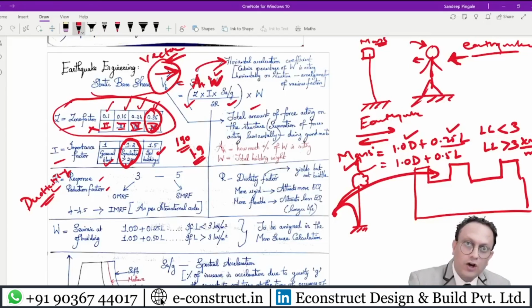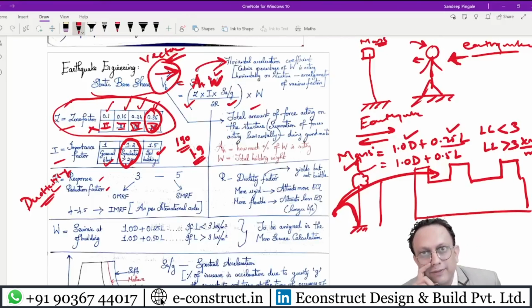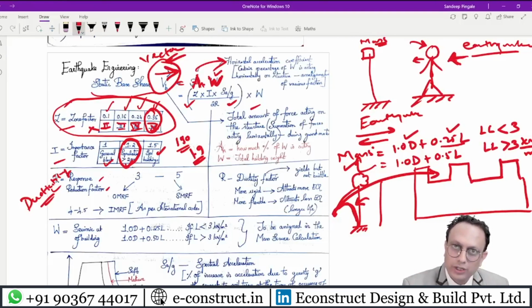That twisting of the coconut tree, imagine instead of a coconut tree there is an RCC column. Can you do that? No, because the ductility offered by the coconut tree, its ability to bend, is totally different, on a much higher side compared to a steel or RCC column. That is ductility. Ductile nature means it will bend, with a more elastic nature and the tendency to revert back to the original situation. That is basically ductility.